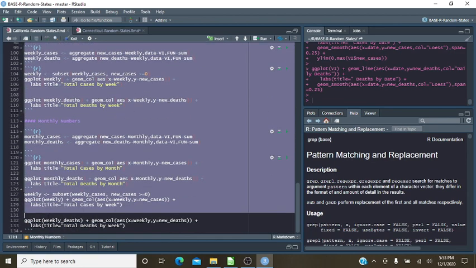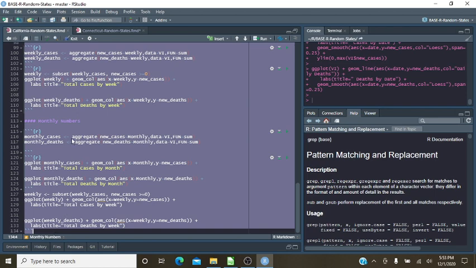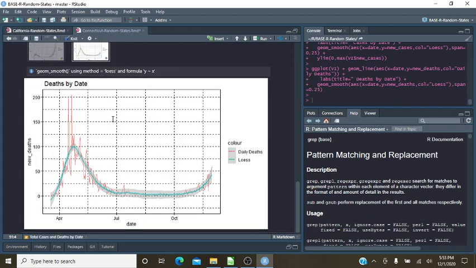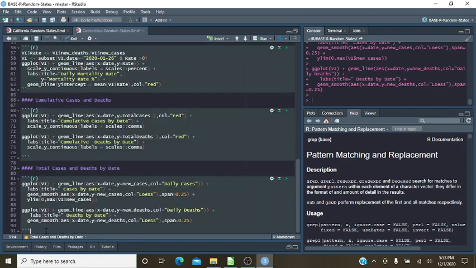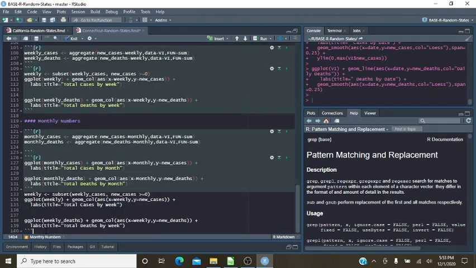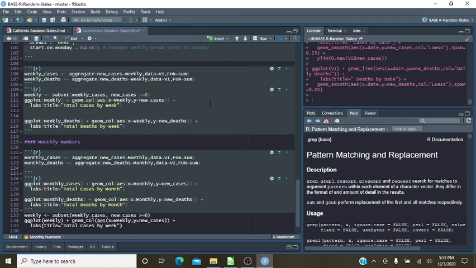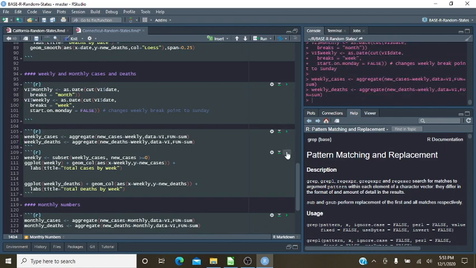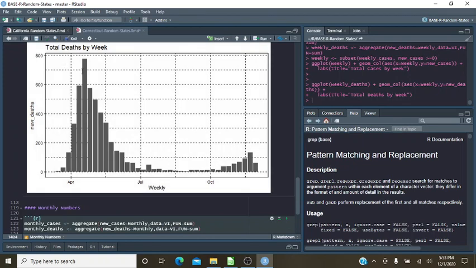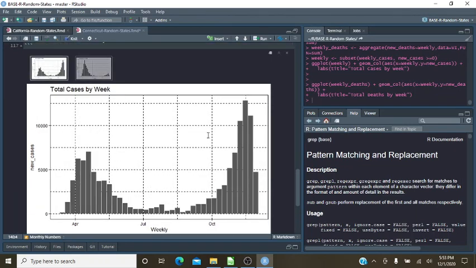Weekly and monthly deaths. Let's look at weekly and monthly deaths now. Okay, weekly cases.